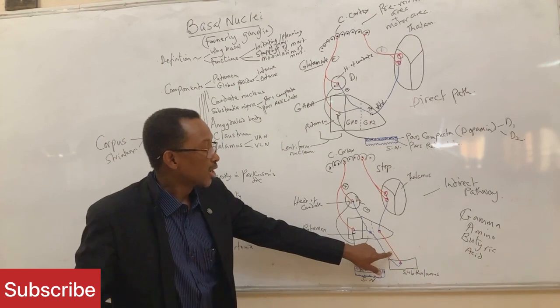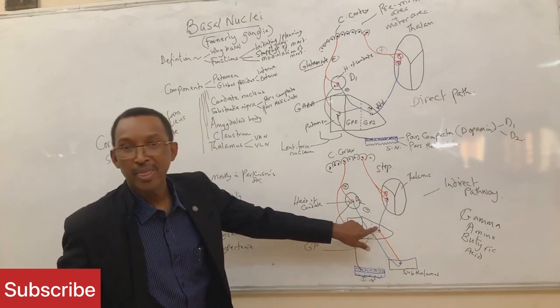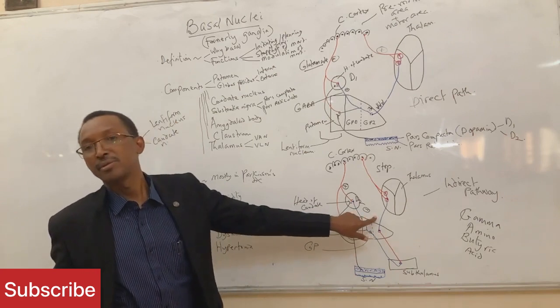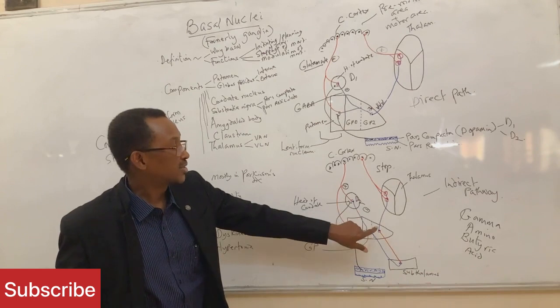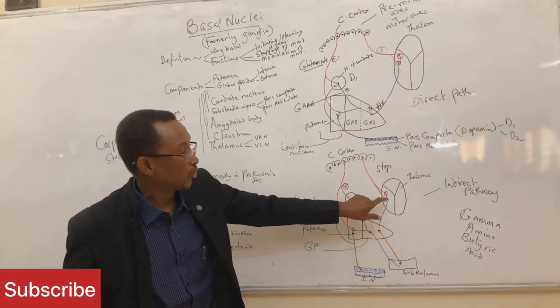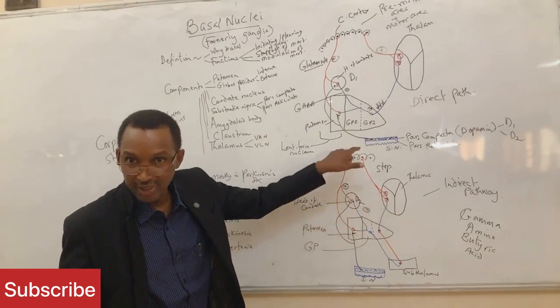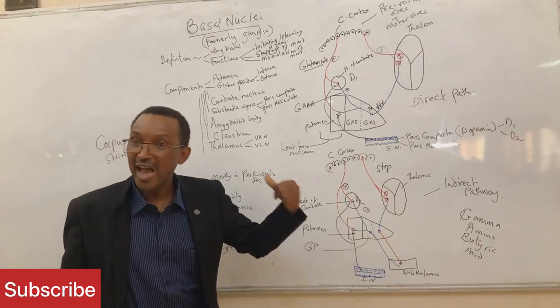Are you clear? So as this one fires up, it is going to stimulate this fifth order neuron. Once this one is stimulated to produce more GABA, this one is going to inhibit. That means it's similar to the actual indirect pathway.